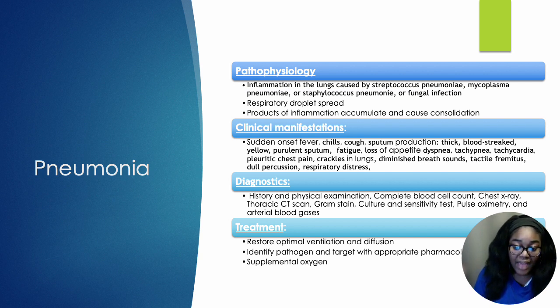You have pulse oximetry and, of course, arterial blood gases. As far as treatment, you want to restore ventilation and perfusion. This individual may need supplemental oxygen until they're able to breathe better on their own. And you want to identify that pathogen and target it with appropriate pharmacological methods.